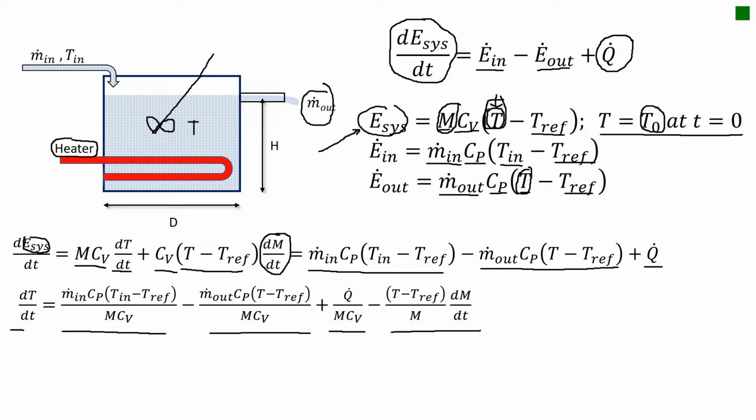When this tank reaches the level H, we'll see that the change in mass with respect to time will become 0, and this term will drop out. I want to draw your attention to a situation where we might have no material in the tank at the initial time.